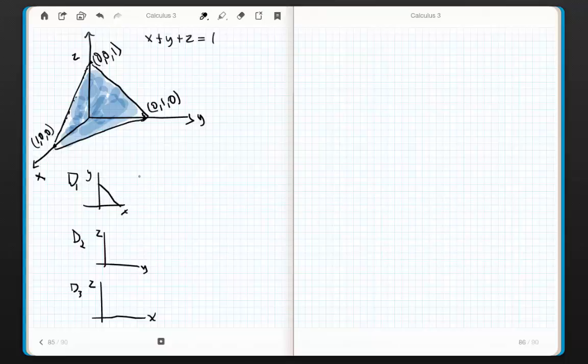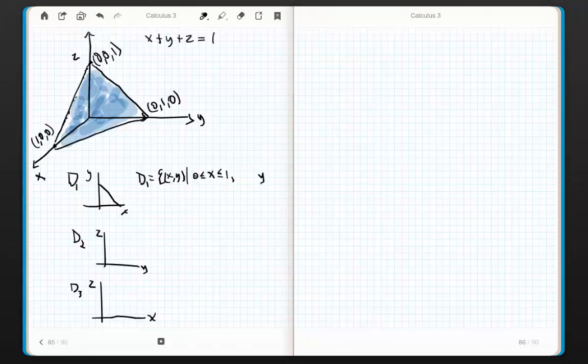The way we can write D1 is the set of xy such that x lives between 0 and 1. So I'm going to have x be the constant. Remember, if I'm going to end up with a number at the end of a triple integral, the outside integral sign has to have numbers on it. So keep that in mind for just a minute.